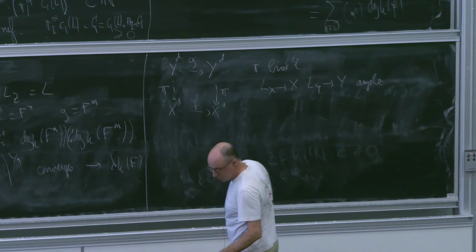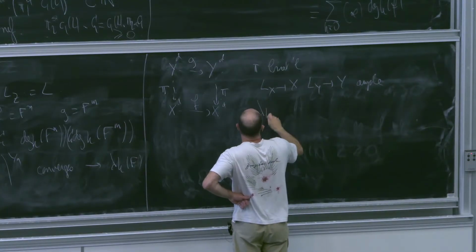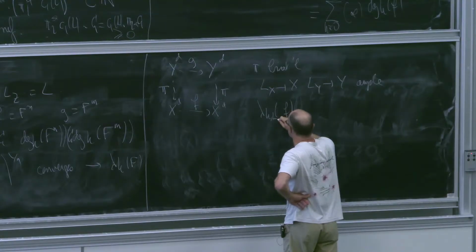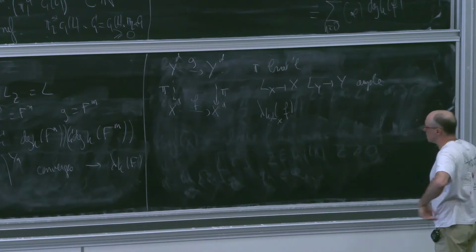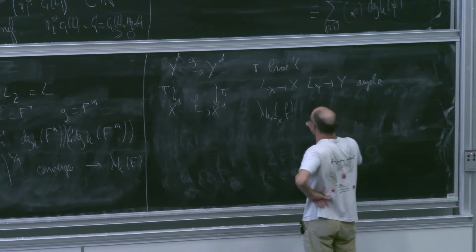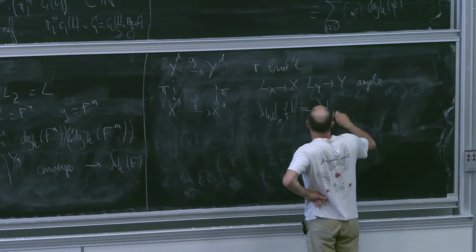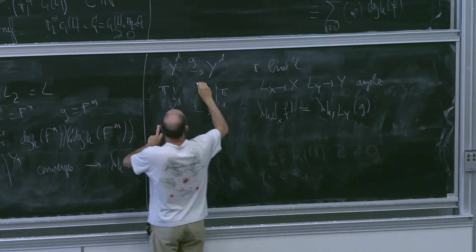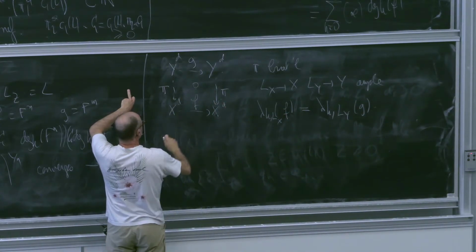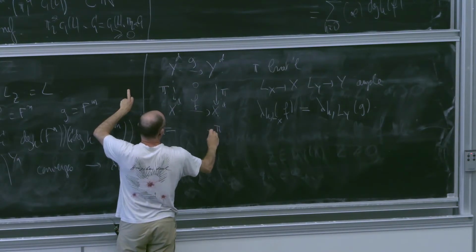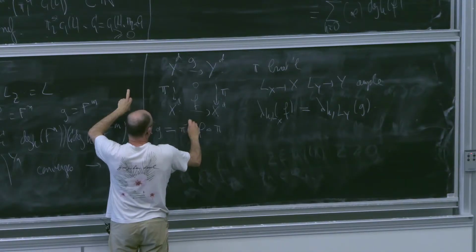You can compute lambda k of F, with comma Lx to emphasize that I'm computing with respect to my choice of polarization on X. The claim is that this equals lambda k of G with respect to Ly. Here I need this diagram to be commutative, which means that G is equal to pi composed with F composed with pi minus 1.